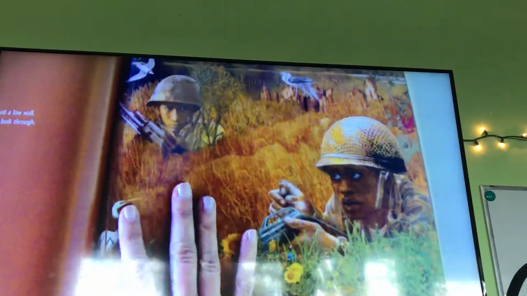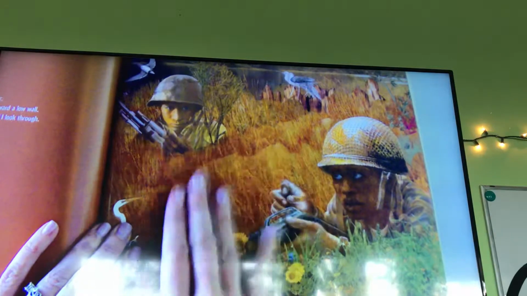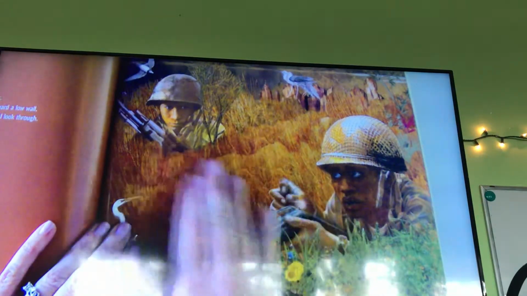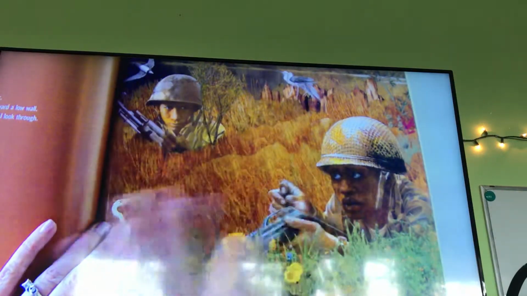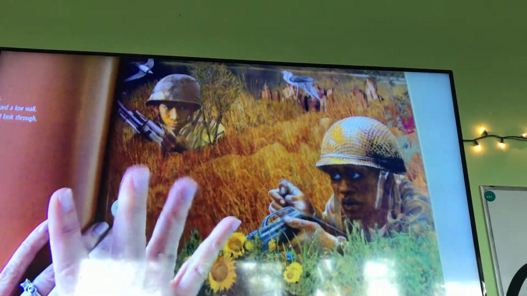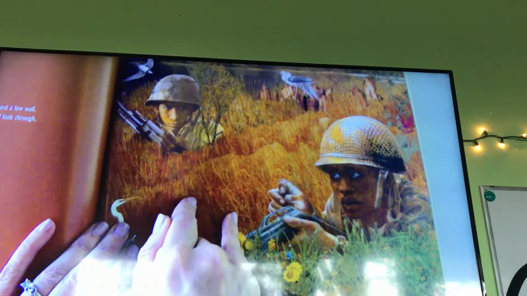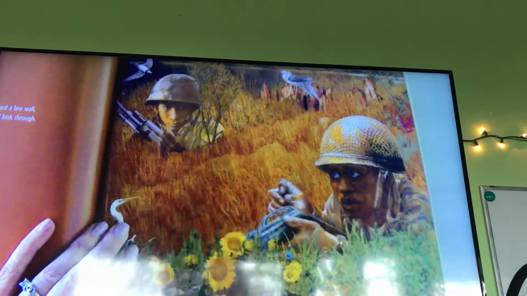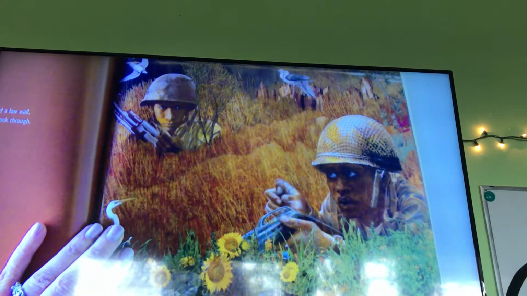So here, when we first started reading, we said, what would he do if he came face to face with the enemy? And now here he is face to face. So this is the trouble. This is the conflict. This is the external conflict. The whole war is an external conflict, but right here in this moment, knowing what we know about him, what is he going to do? Here he comes face to face with another soldier. And he says, I know he wants me to lift my rifle to be the enemy.